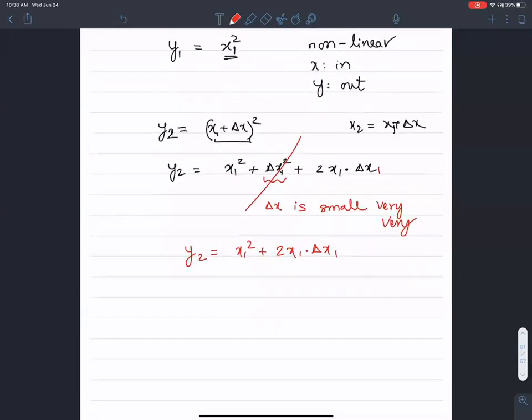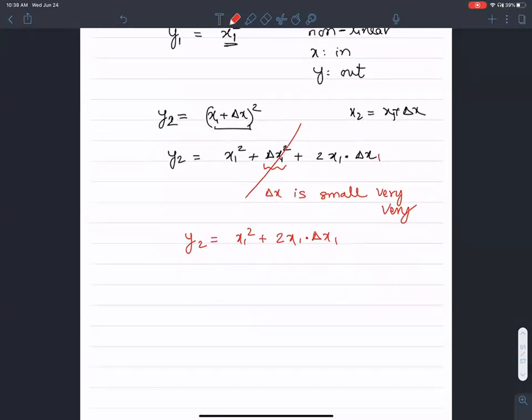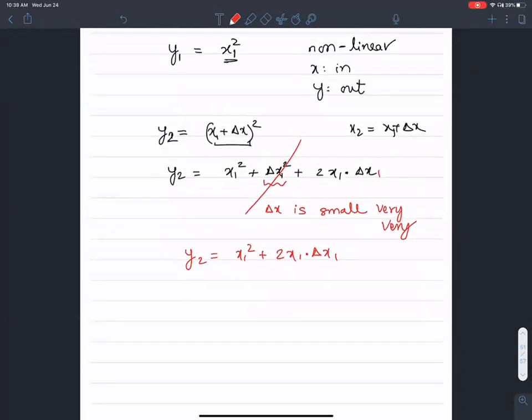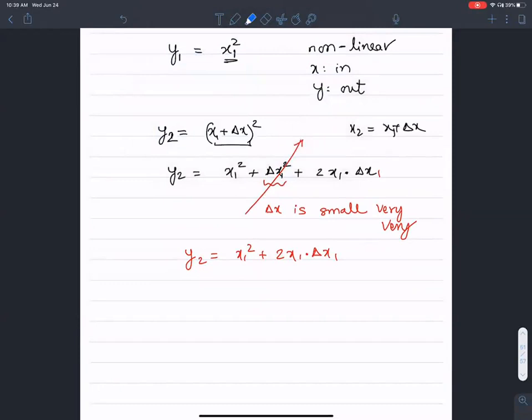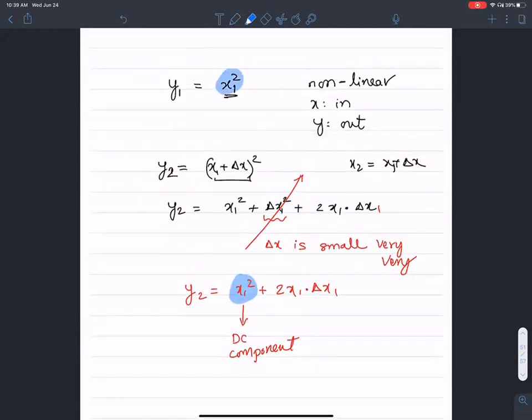Okay. So we have eliminated the teeny tiny x1 squared. So the idea is this component, okay, this component is called the DC component. The unchanging DC component, because that is common to this guy and this guy, y1 and y2.